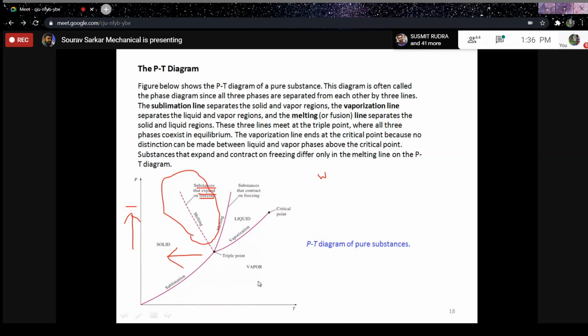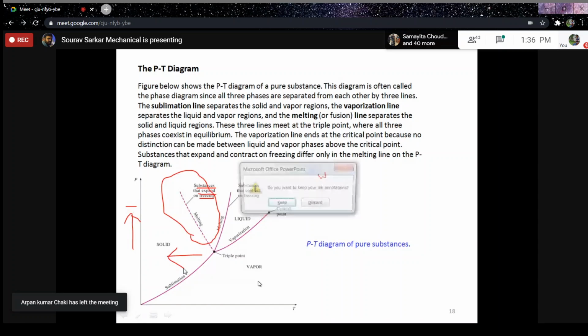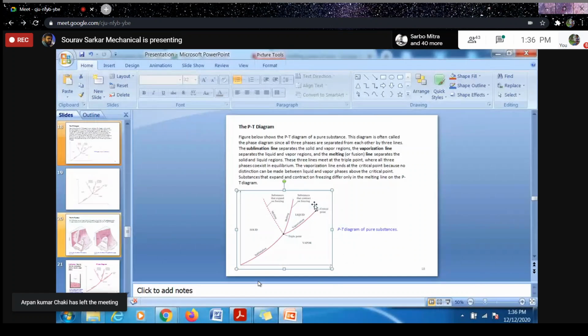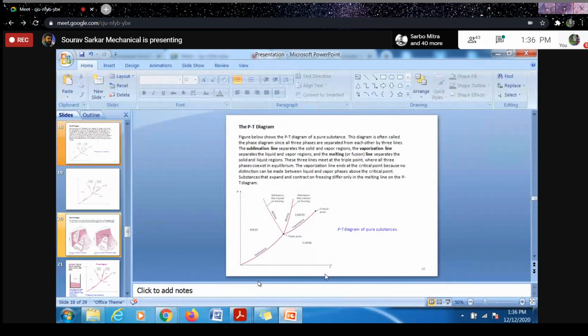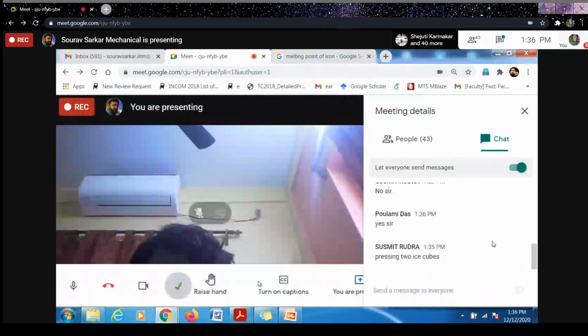What is the name of that experiment? Tell me, anyone? Pressing of two ice cubes.